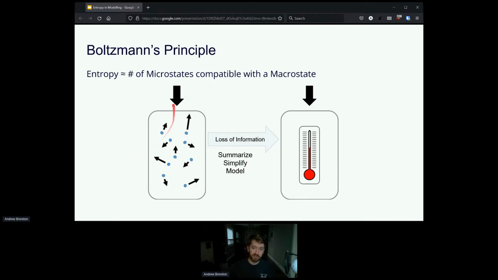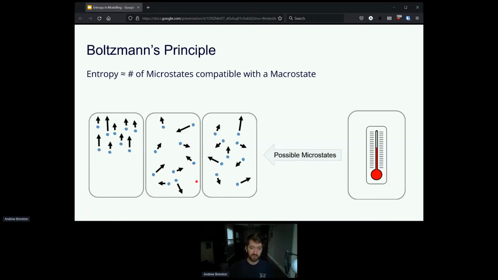This is a microstate for this container, compared to the macro state, which could be, say, a temperature. So if I were to say this is a 2-liter gas tank that is full of neon and it's 13 degrees Celsius, this is a summary of this.